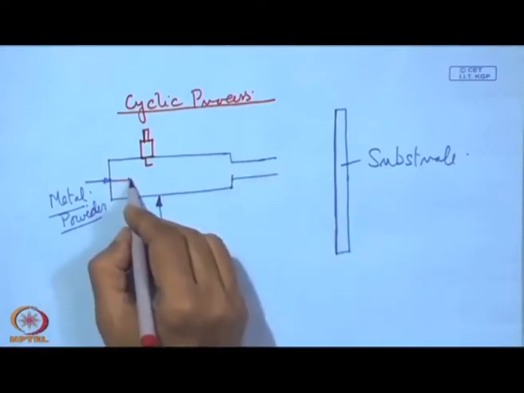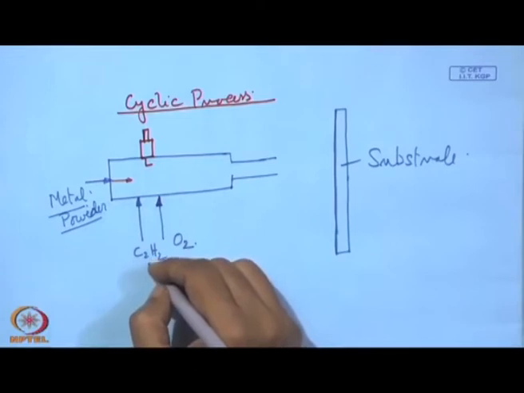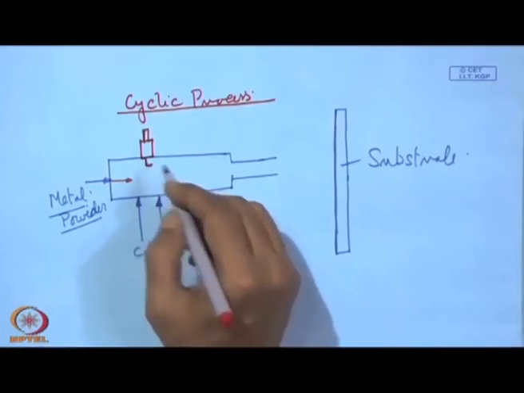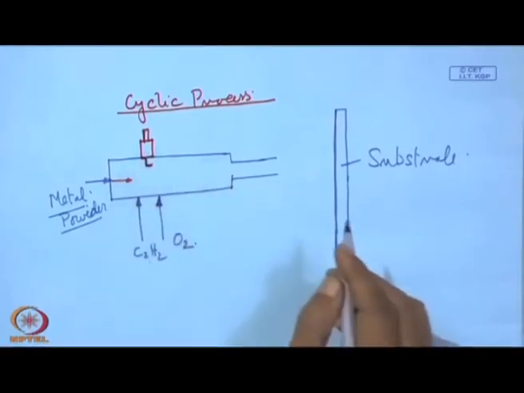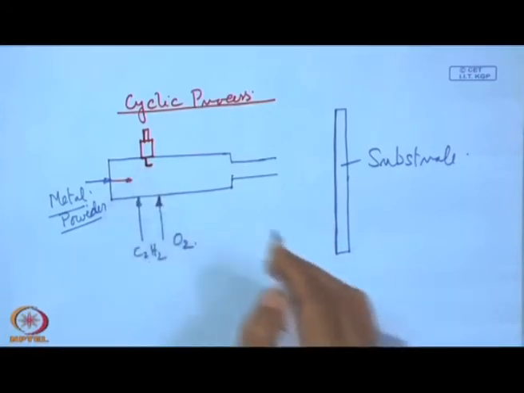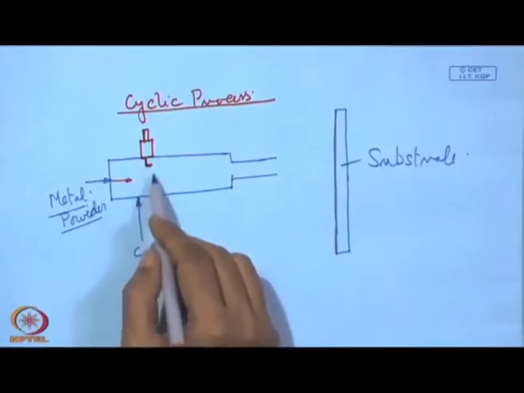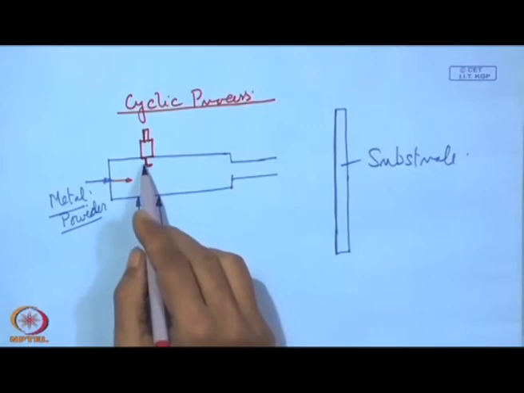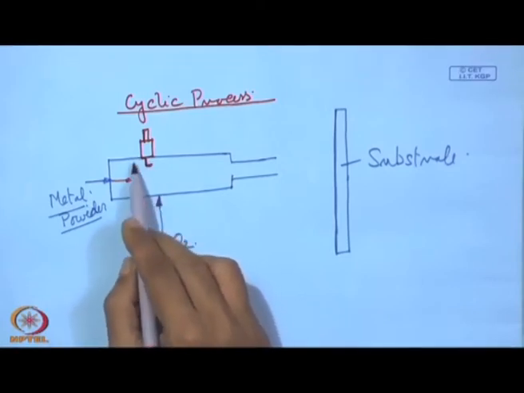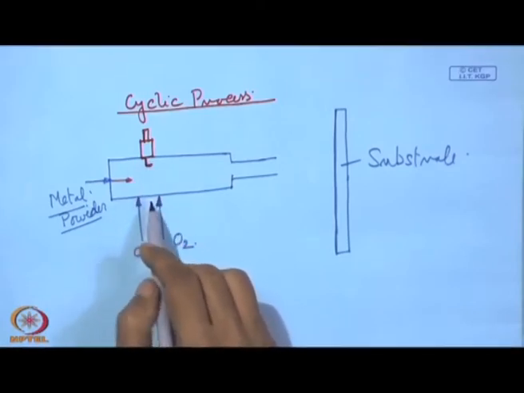Material is fed here, and then oxygen and acetylene are also fed here, and immediately a spark is generated, and the whole gas in this area is ignited. That is exactly called detonation, and that will lead to almost like an explosion.